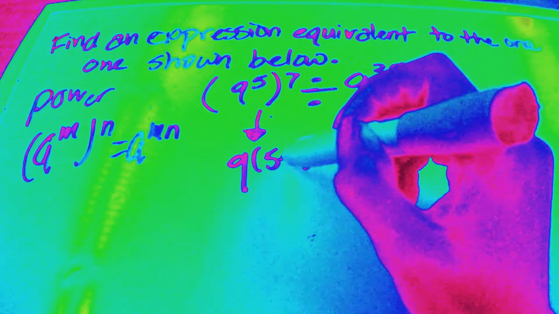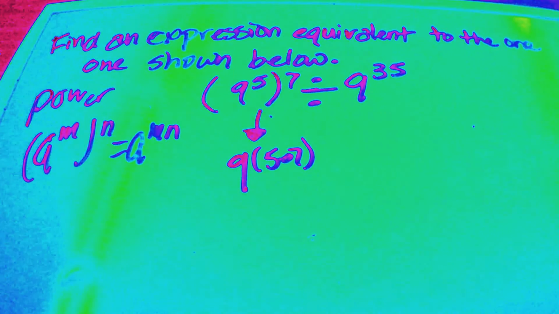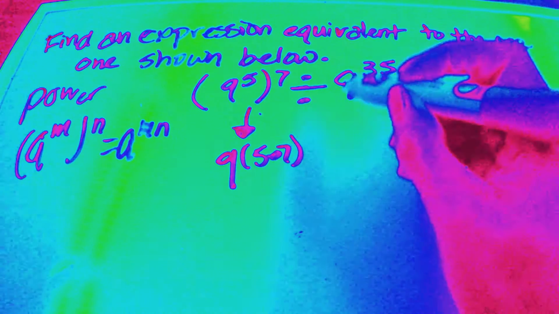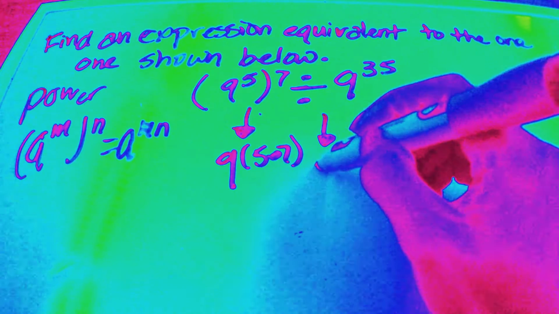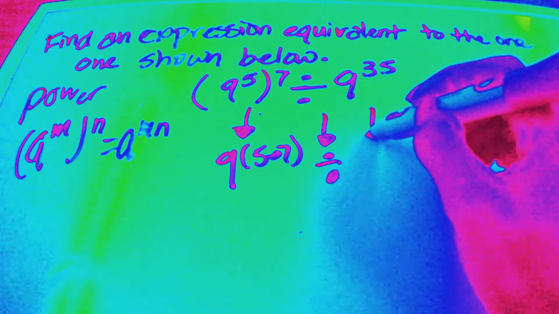We have to multiply the exponents, these powers. Okay, so right here, we have 9 to the 5 times 7. Let's bring everything down.